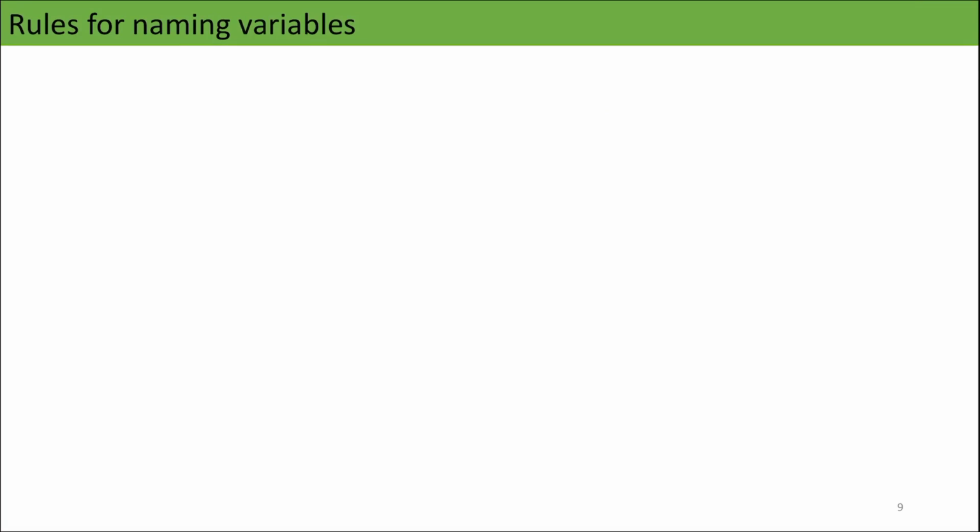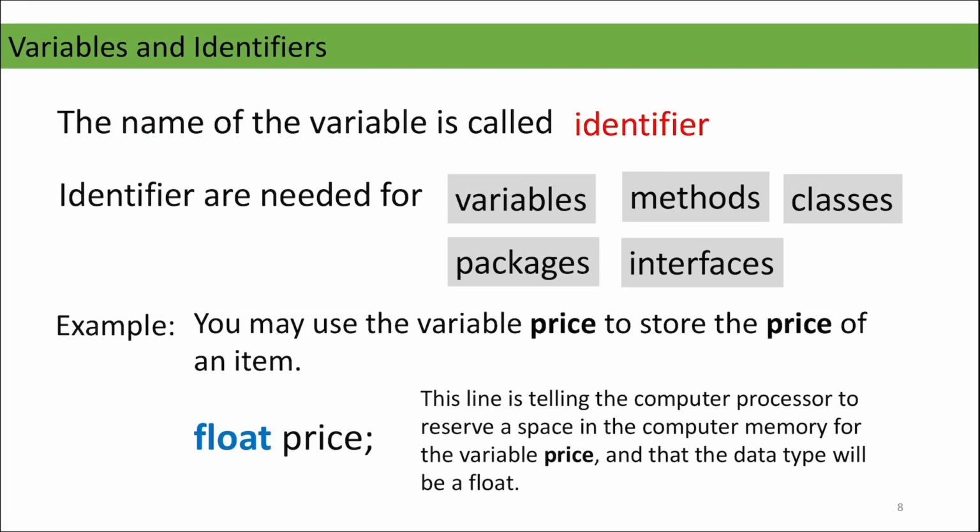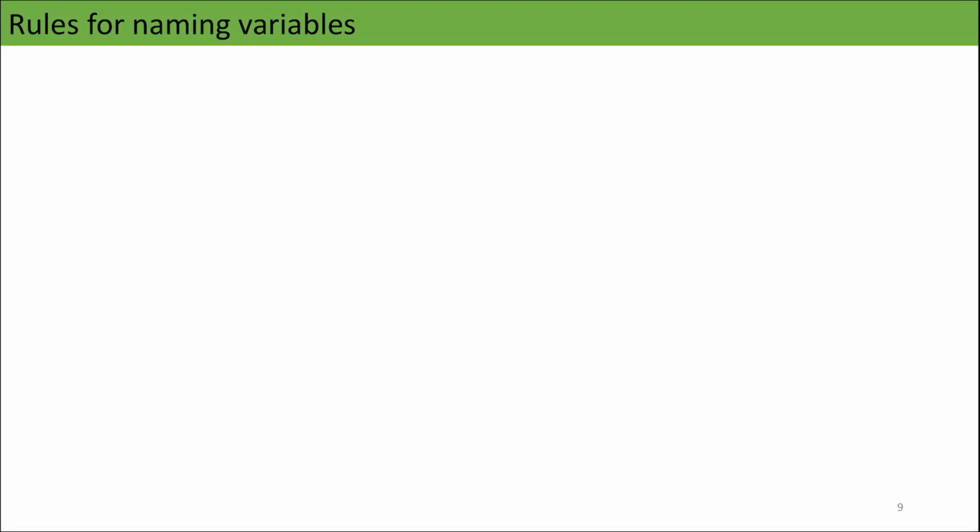Now when you come with this name, when I said price here, I could have come with another name, but if I use price, there are some conditions that need to be met, and these are like the rules that we have to follow to name a variable, to come up with an identifier. What are those rules? The first one, Java is case sensitive.